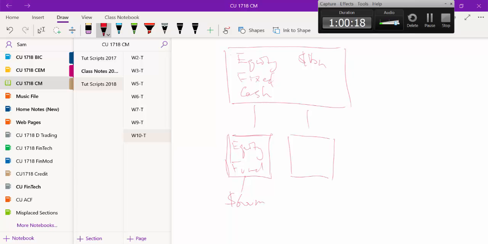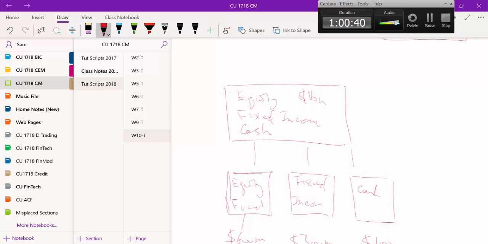And then maybe 300 million is in bonds, so fixed income. And this is the cash, so this is the money market fund. Cash, 100 million. So in this case, JP Morgan might end up signing an ISDA with these guys.